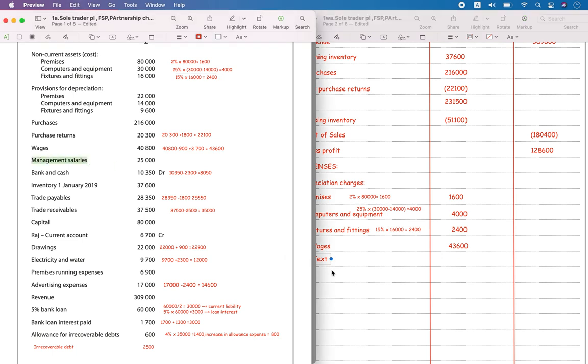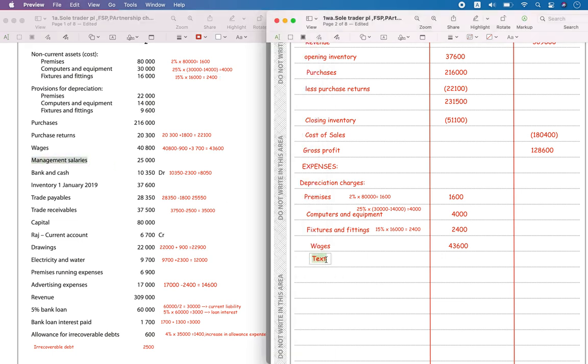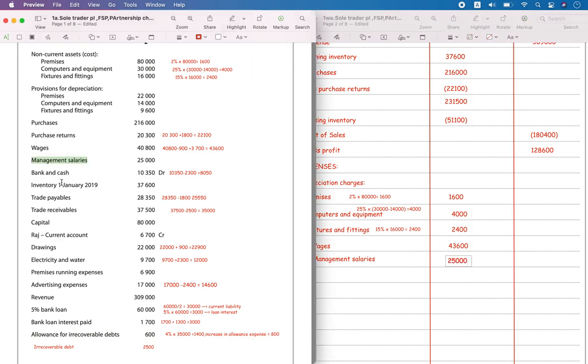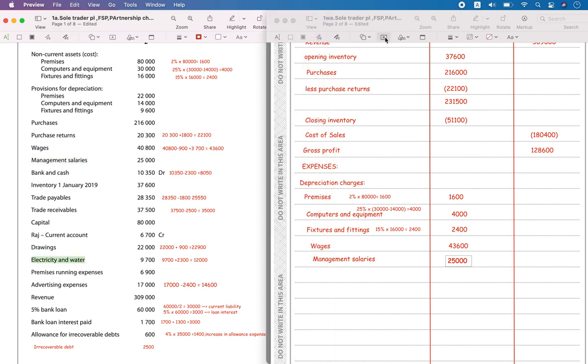Then we have management salaries. There has been no adjustment or errors in this, so we just write it as 25,000. And the next is electricity and water.